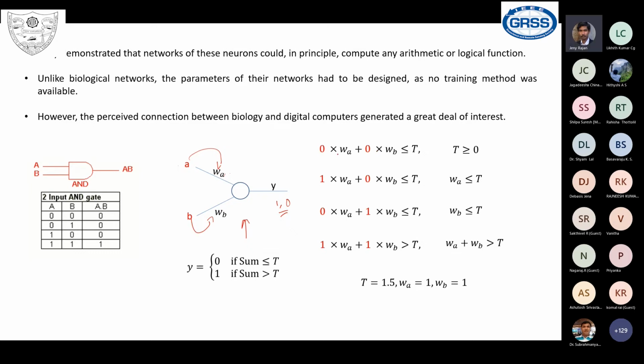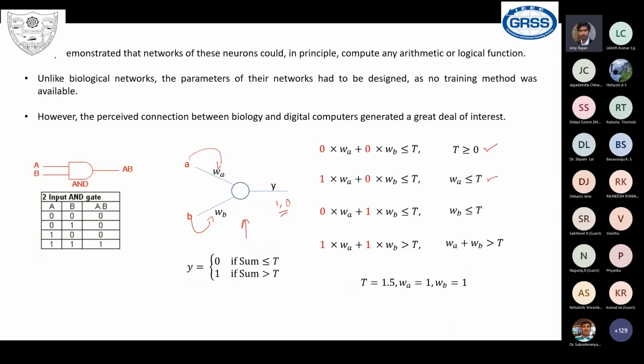That means 0 is less than or equal to T, or T should be greater than or equal to 0. Now, when A is 1 and B is 0, in this case also the neuron should not fire. That means 1 into WA plus 0 into WB should be less than or equal to T, or WA should be less than or equal to T.